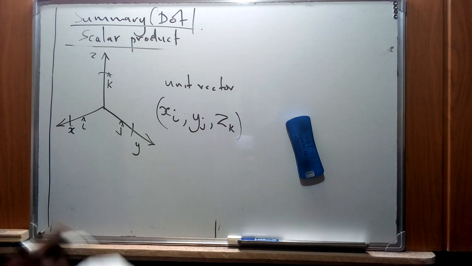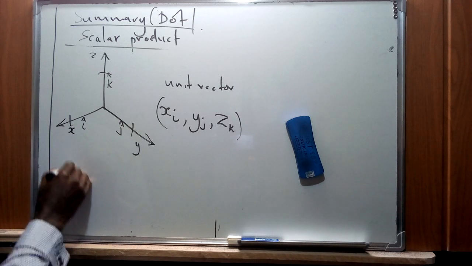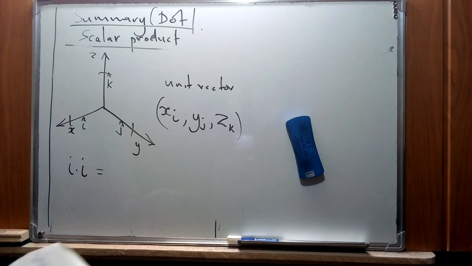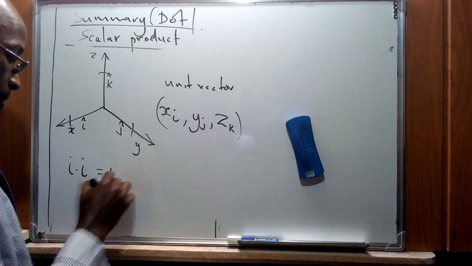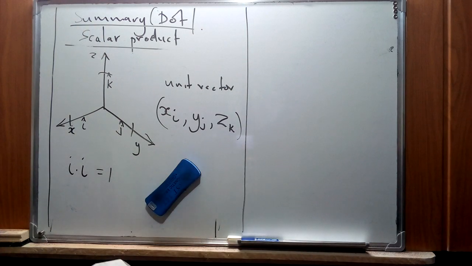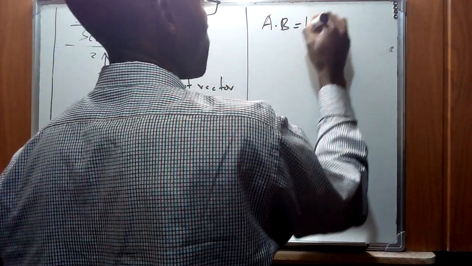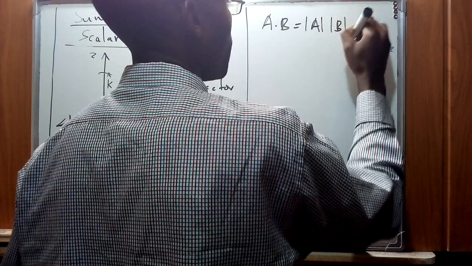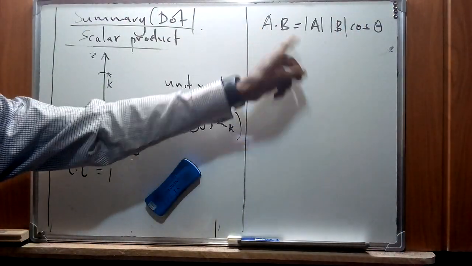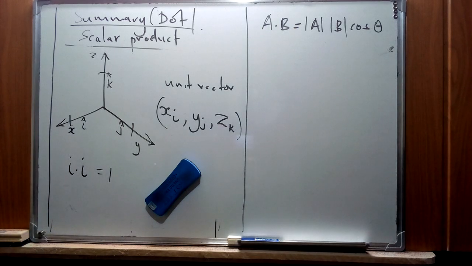And we found out that if we do a dot product for i dot i, then this is going to give us 1. Now we can illustrate this using the specific formula that we have given for dot product, which is A dot B is equal to the modulus of A, or the magnitude of A, times the magnitude of B, times the cosine of theta.